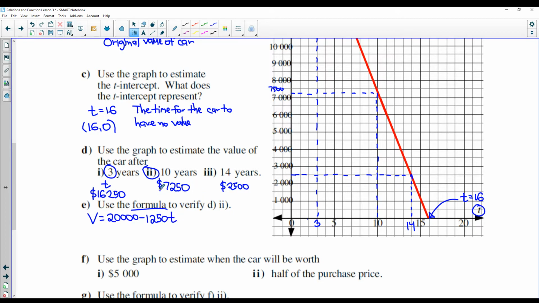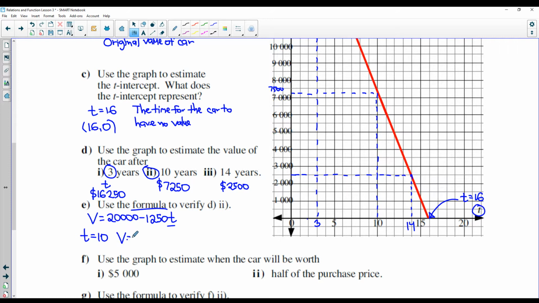I'm going to verify that we estimated off the graph correctly by taking the value of time, which is 10, and substituting it in for t to see what the equation gives me for the value of the car.